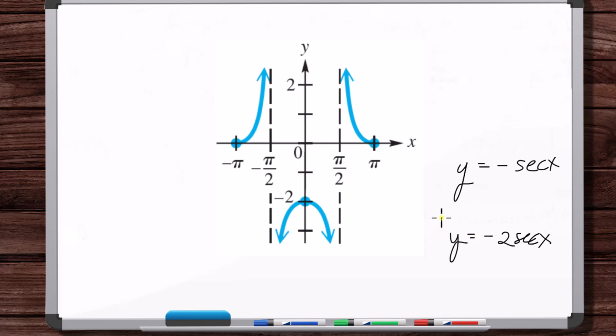And there we go. Well, wait, no. I'm sorry. Hold on. This looks more like a shift. Because if we just scaled by 2, then these would be like here. We would see this.